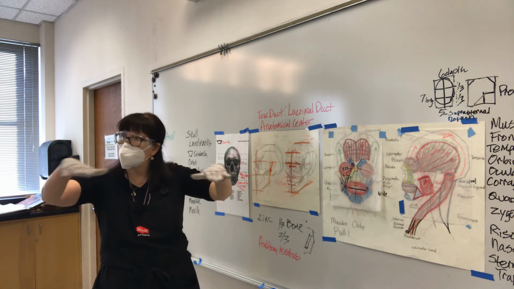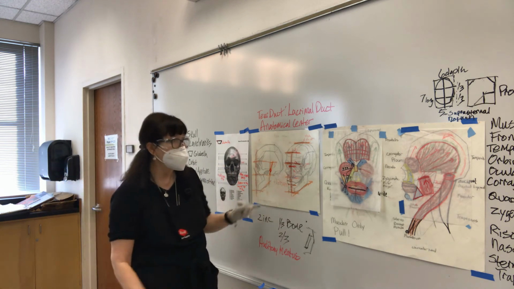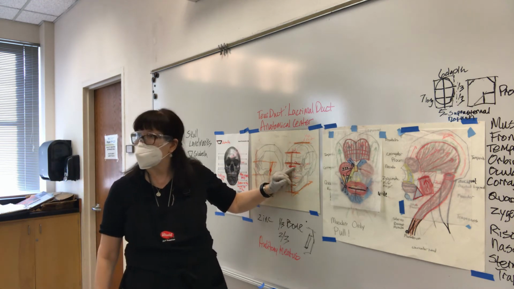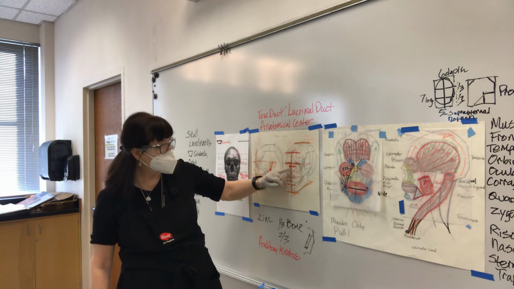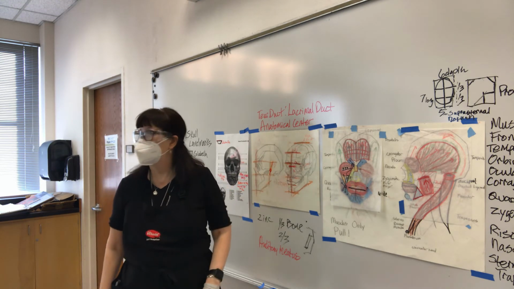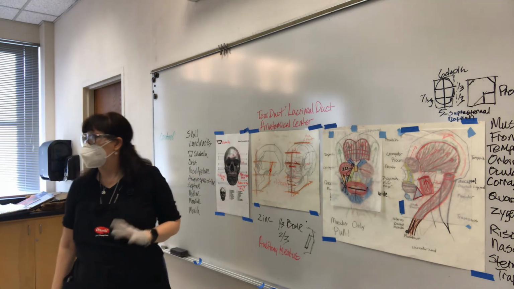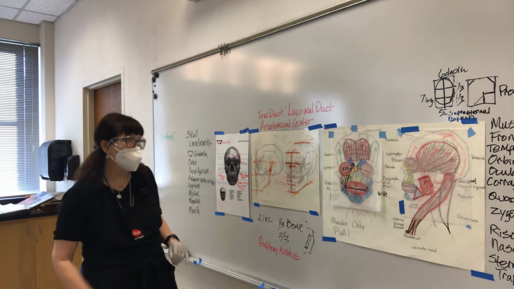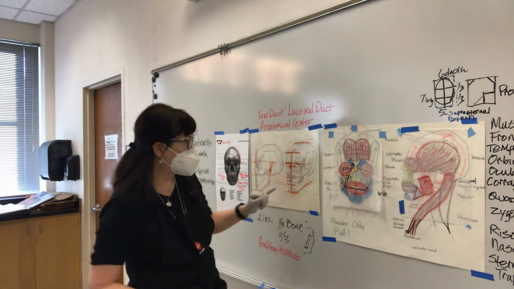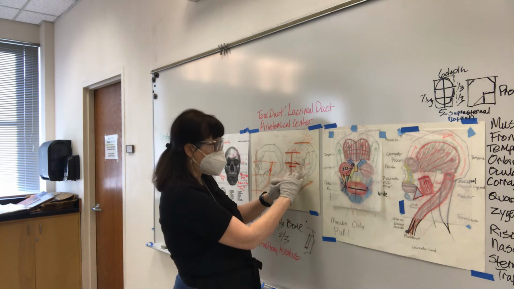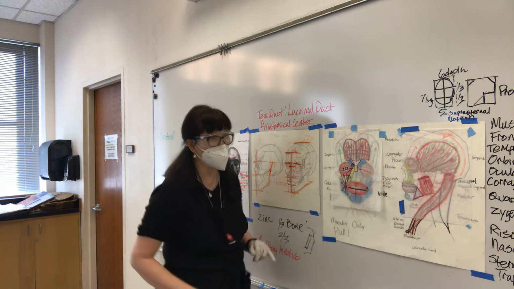If you're sitting with that model at eye level, then that would be equal. Here to here to here, okay? So very, very important landmark, that lacrimal duct. All right, the side plane of this bone is called the zygomatic.